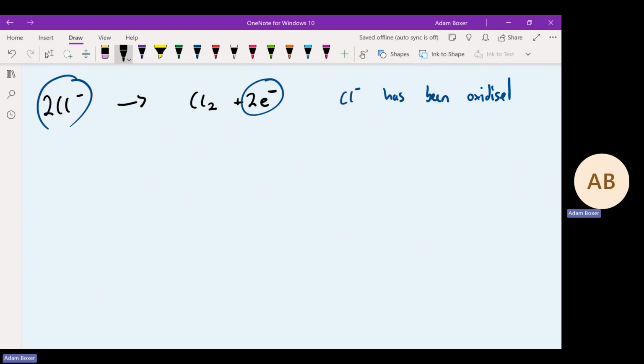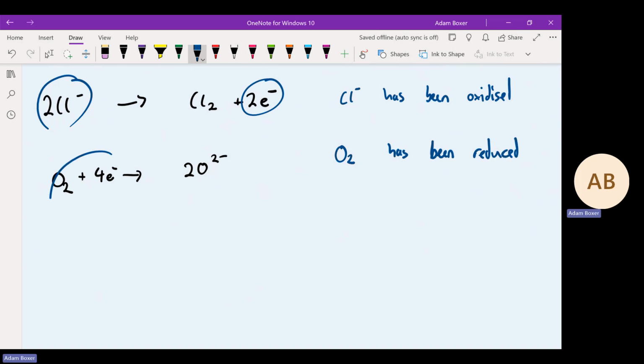Let's try this one now. Try that one for me. Pause the video and try that one. So I'm hoping here you wrote O2 has been reduced.